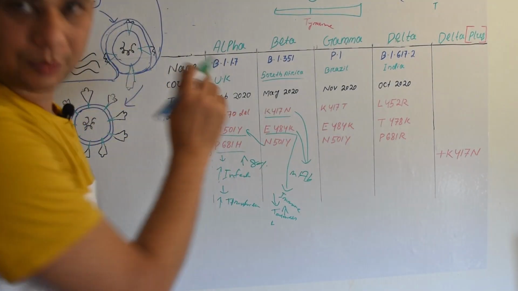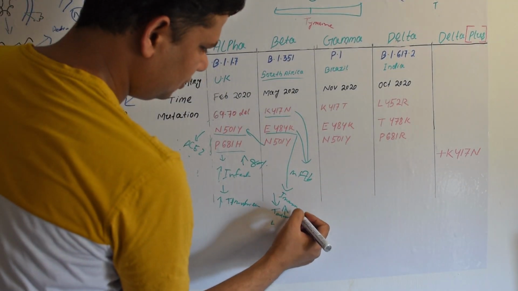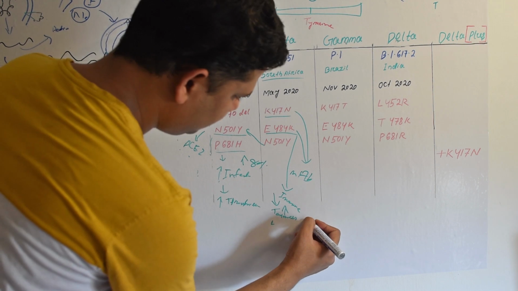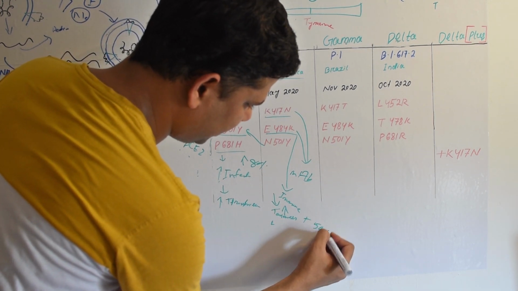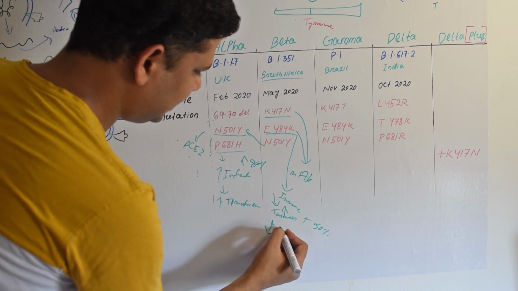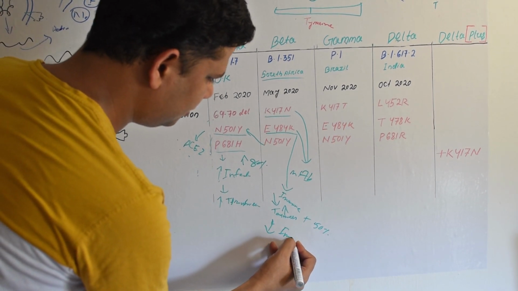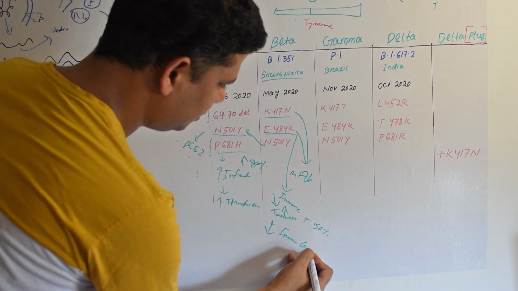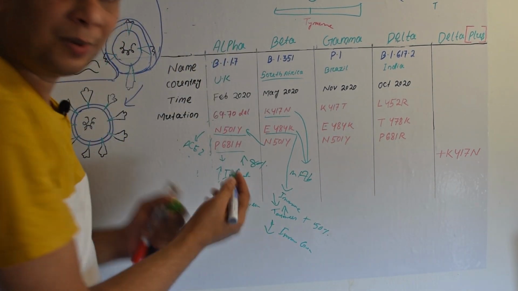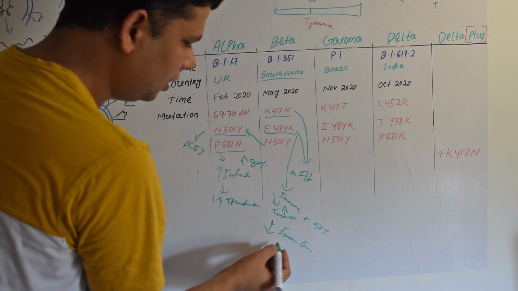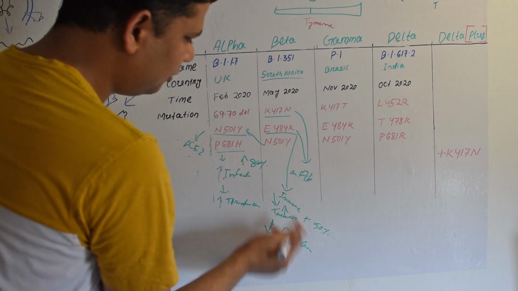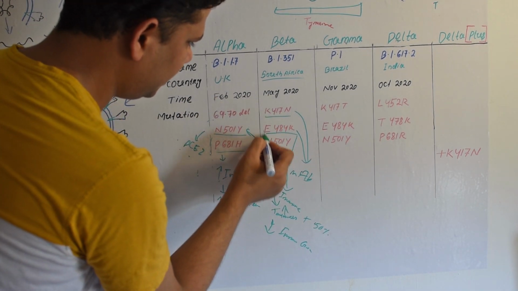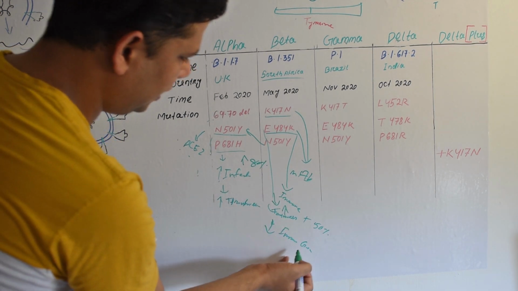Because of this mutation, there is more transmission. The transmission rate increased by around 50%, with reduced immunogenicity, because the receptor binding domain is important for binding and also for immunogenicity.